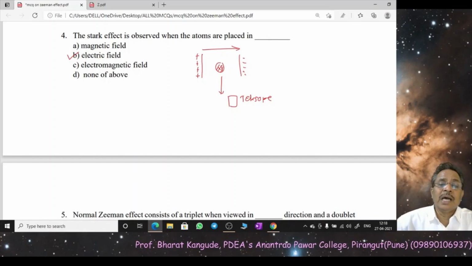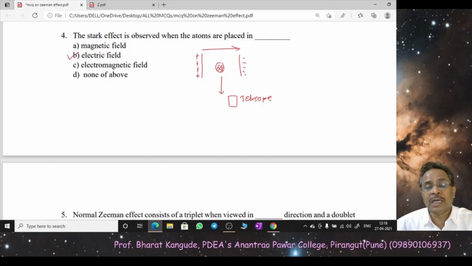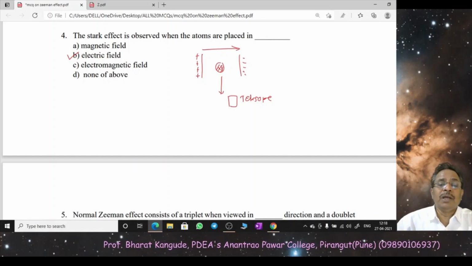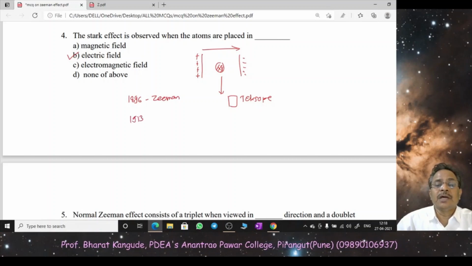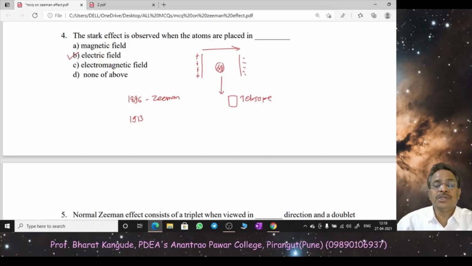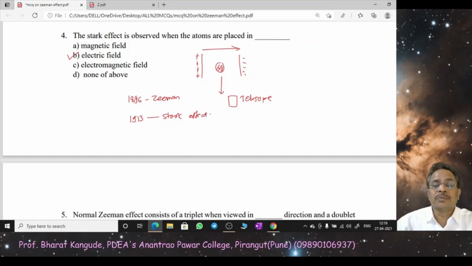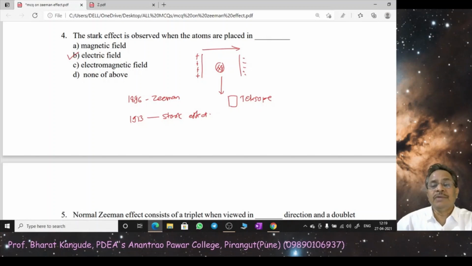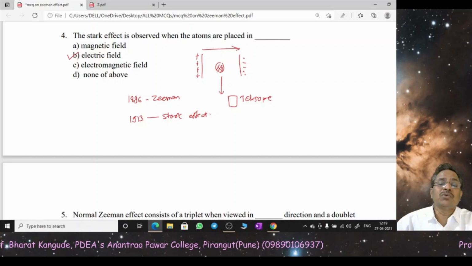The Zeeman effect and the Stark effect are very prominent effects. The Zeeman effect was introduced around 1896, and in 1913, almost 17 years later, the Stark effect came, because producing such a strong electric field in which the radiating material is to be kept was a big difficulty, and that was resolved by Stark.